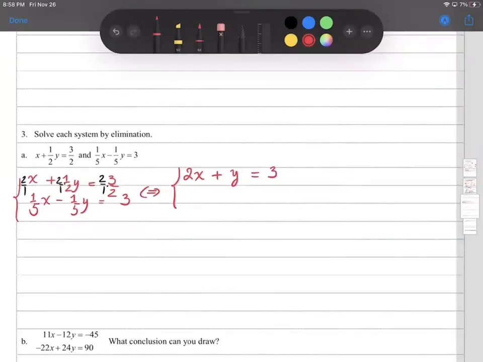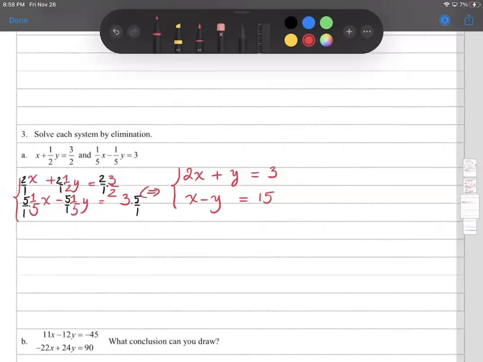The bottom one, the LCD will be 5. So multiply everybody by 5/1. 5/1 times 1/5, that's just x, minus y equal 3 times 5 is 15. Okay, look at that. We eliminated the denominators.